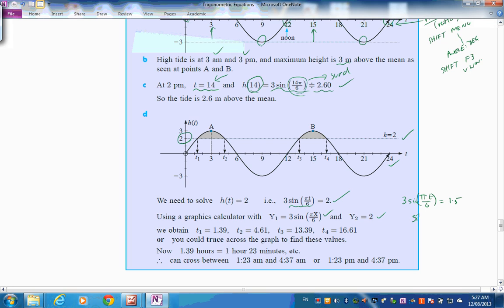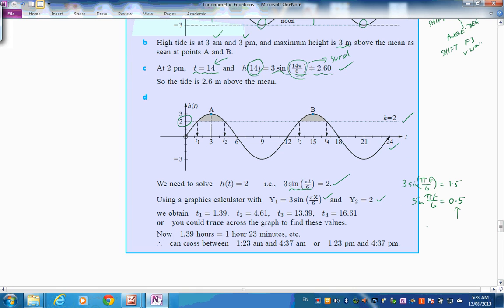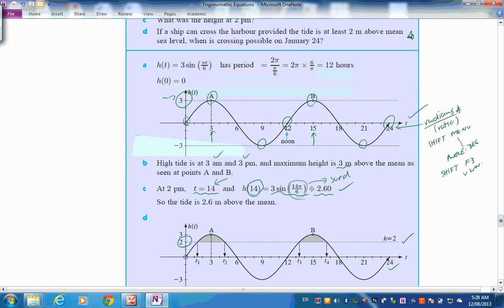Because then if I divide both sides by 3 here, I would have 0.5. Now that is a common working angle, and we could get exact solutions. So it wouldn't be acceptable to do it with technology if they gave us that and asked for exact solutions. Okay, so just watching that. In the problems where we're tempted to use technology, just watch that they don't ask for exact answer.